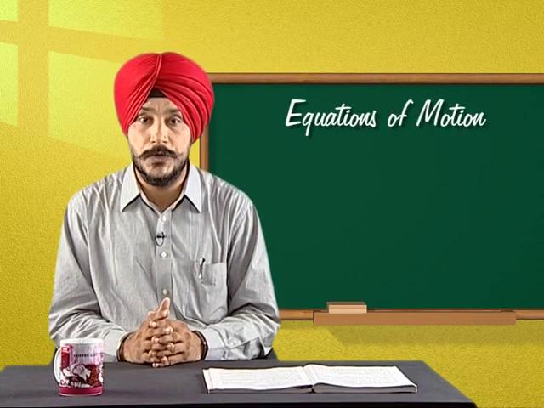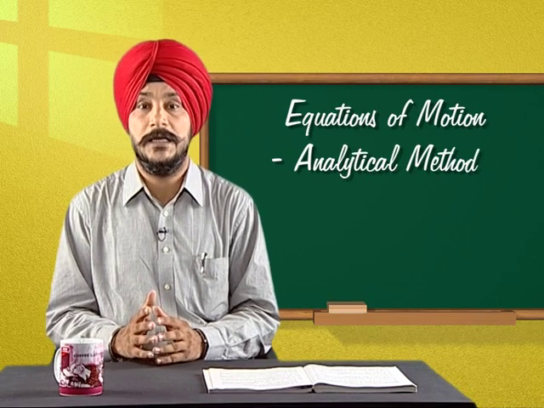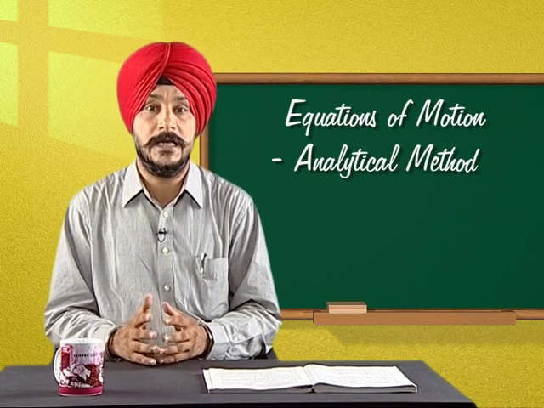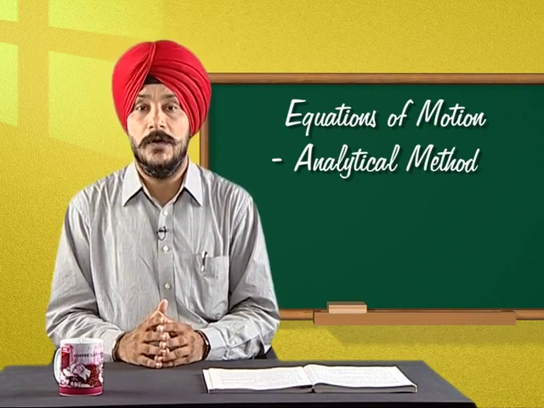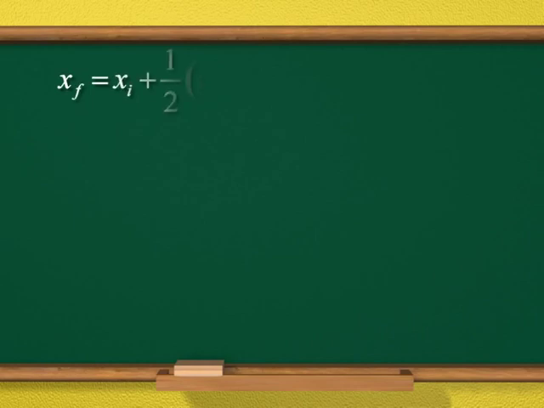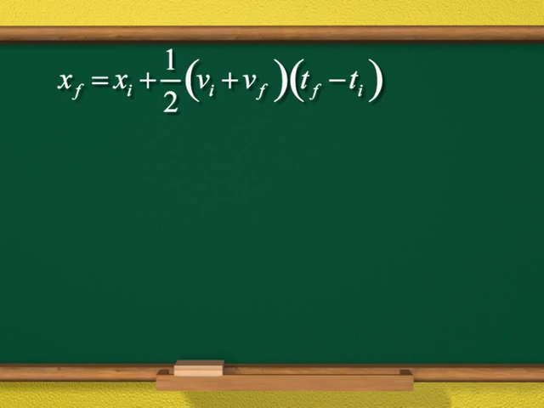Next equation of motion can be used to measure the distance the particle moves in a given time. For the case of constant acceleration, we describe this equation as xf equal to xi plus half of the sum of vi and Vf multiplied by Tf minus Ti, where xi and xf are initial and final position of the particle.